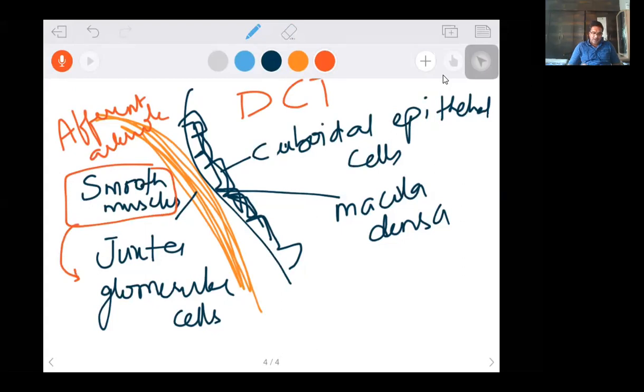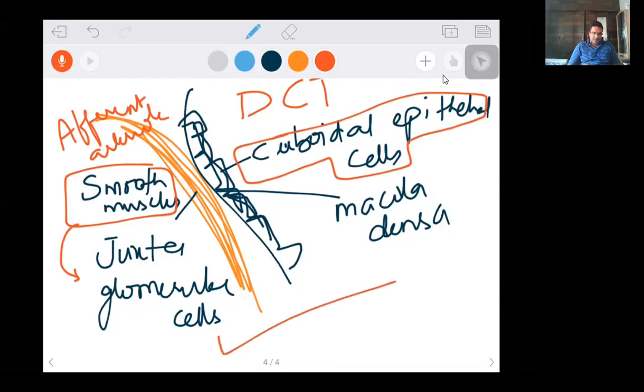The cuboidal epithelial cells which are densely arranged in the distal convoluted tubule are called the macula densa. Together, they are going to form the juxtaglomerular apparatus. We usually say it as JG apparatus or juxtaglomerular apparatus.